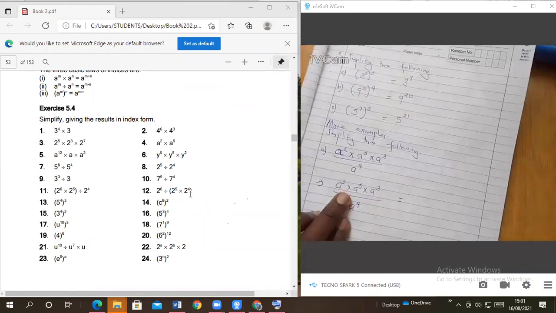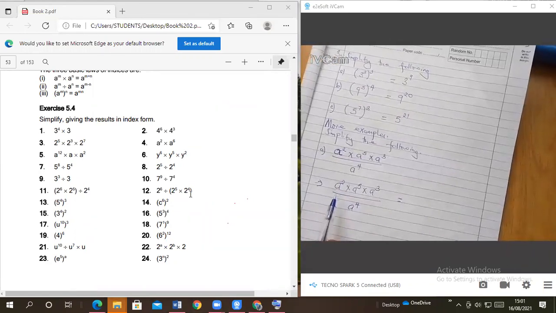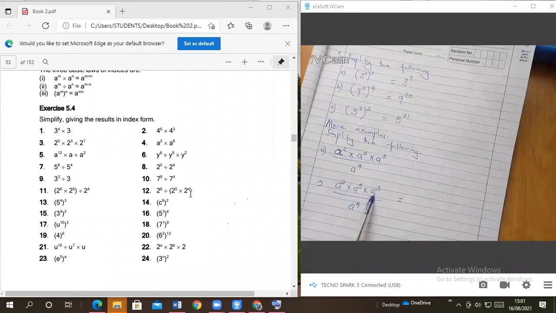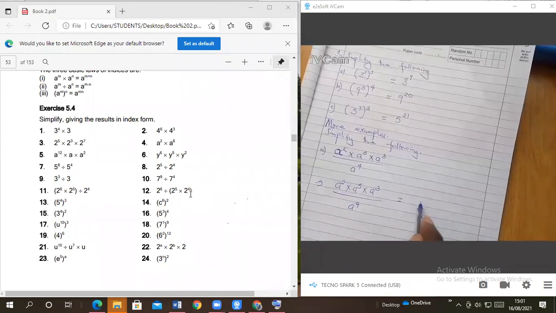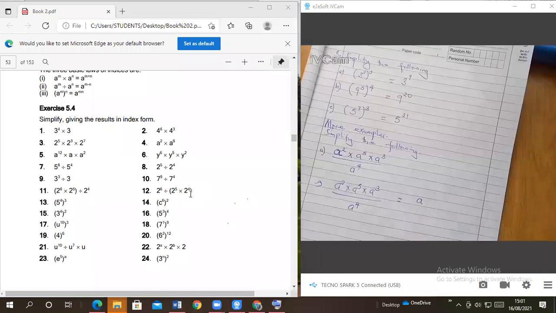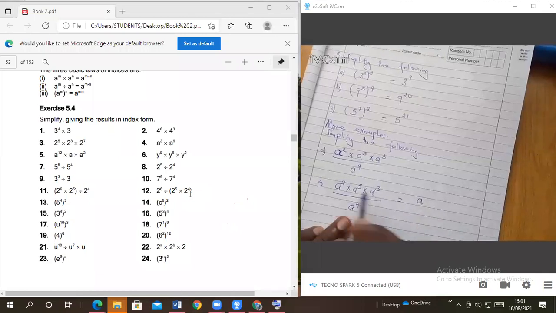They have the same base, and when we are multiplying, what do we do to the powers? We add. So the power will be a to the power 10.